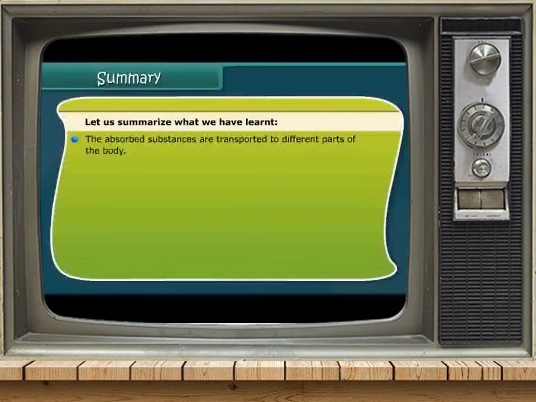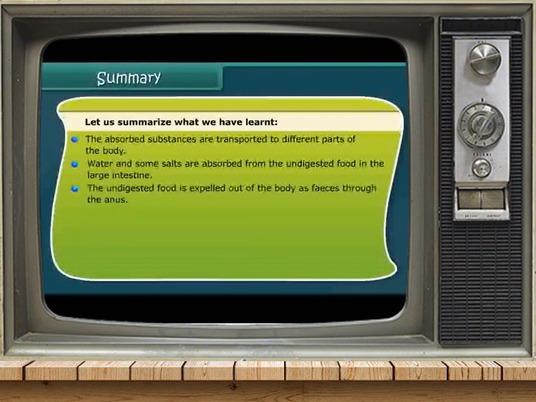The absorbed substances are transported to different parts of the body. Water and some salts are absorbed from the undigested food in the large intestine. The undigested food is expelled out of the body as feces through the anus.